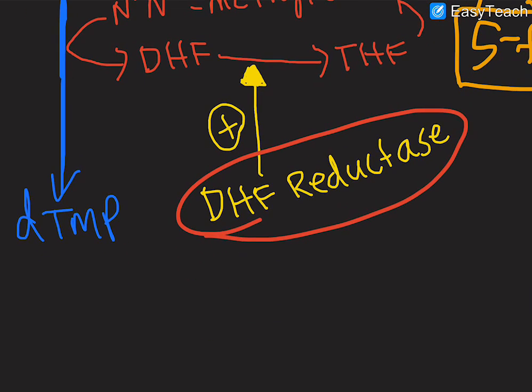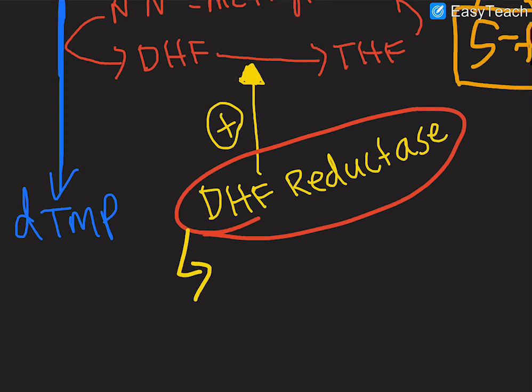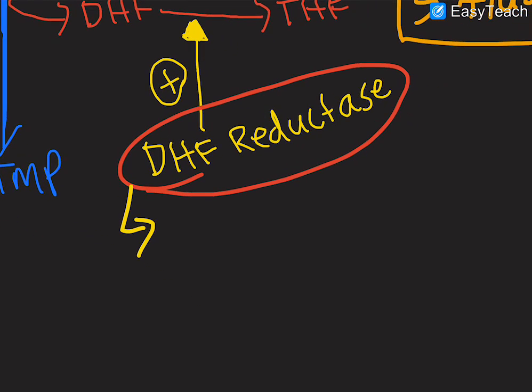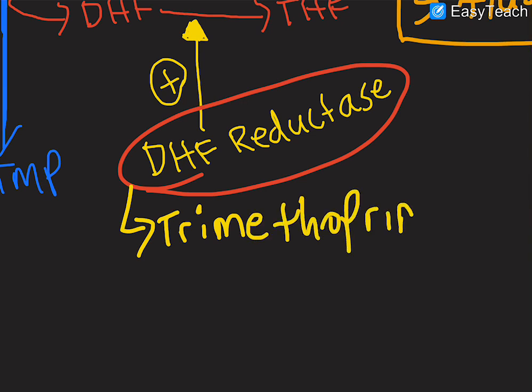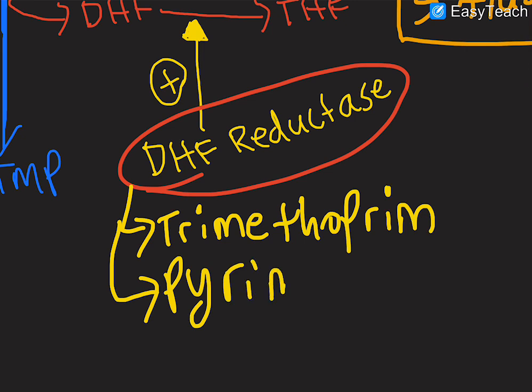Okay, so let's list them out. So these are drugs inhibiting dihydrofolate reductase. The first drug that we should know is trimethoprim. Another drug that inhibits dihydrofolate reductase is pyrimethamine.